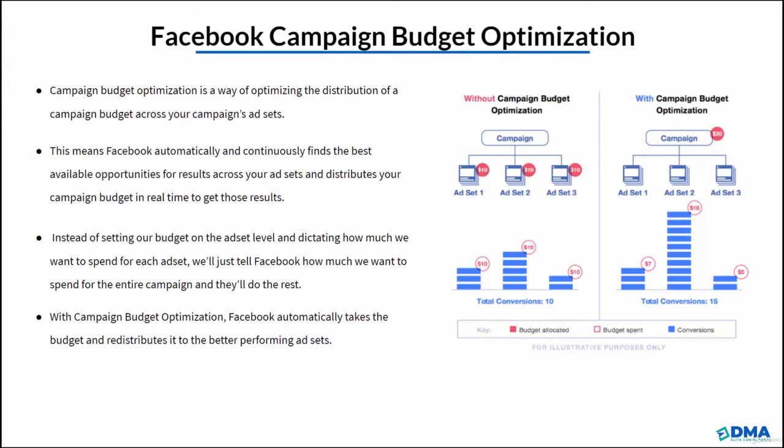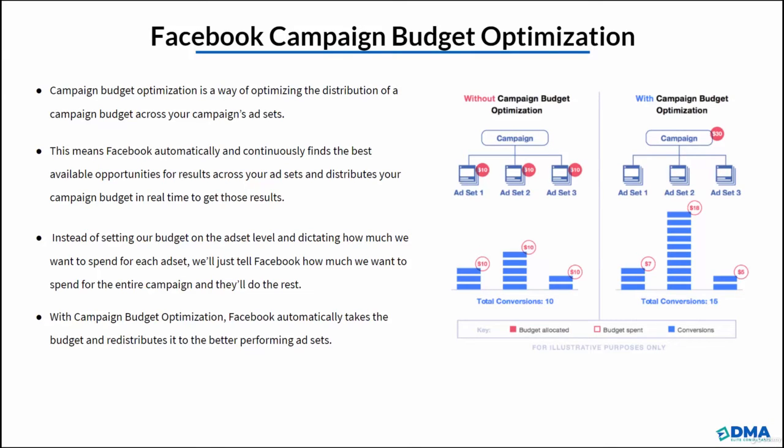Facebook is only putting $10 a day to each ad set, so inevitably, some ad sets are going to get more results for that $10 and some are going to get less, right? With ad set 2, we see that's the clear winner. They got 5 conversions for $10. On ad set 3, they got 2 conversions for $10, and on ad set 1, 3 conversions for $10. So obviously here, ad set number 2 is a clear winner.